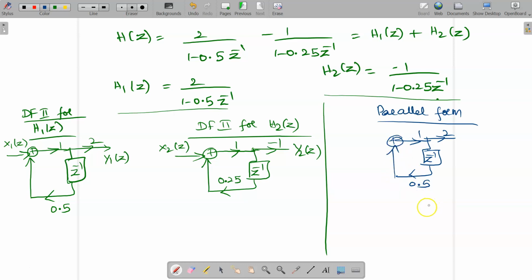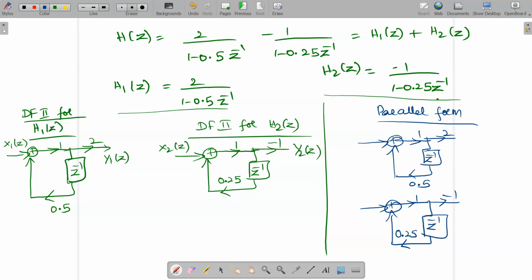Draw h2 of z now: minus 1, 0.25. So this is h1 of z, this is h2 of z.